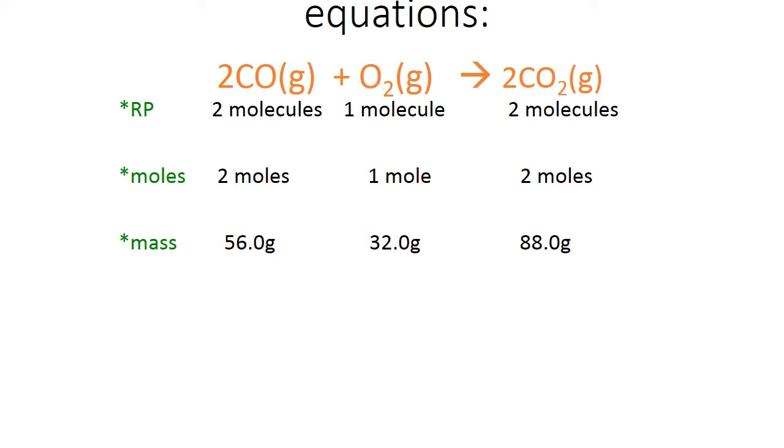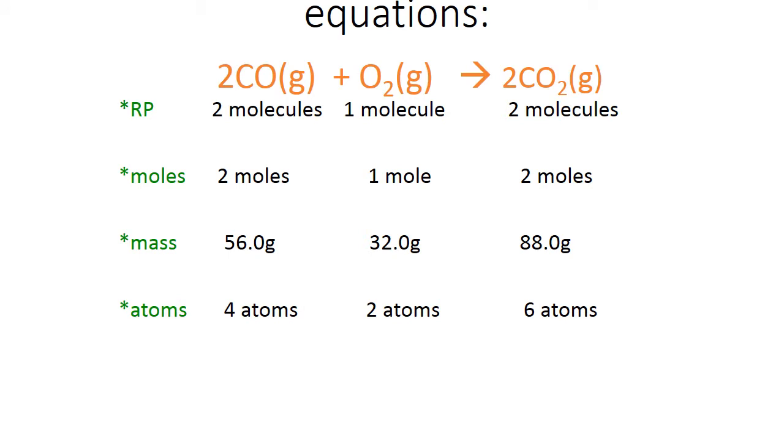Oxygen is O2, so we just multiply its atomic mass by 2, that gives us 32. Carbon dioxide, we take the formula mass of carbon dioxide, which is approximately 44.0 grams, and multiply it by 2 because we have 2 moles. You have to remember that the formula mass is the mass of 1 mole. So if we have 2 moles, we need to multiply that mass by 2. Or whatever number of moles we have, we need to multiply by that number.